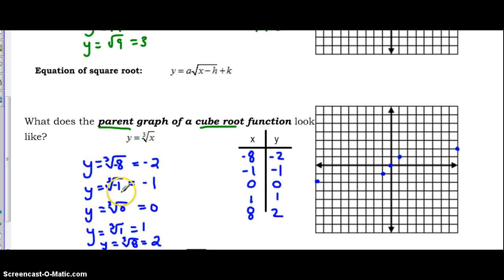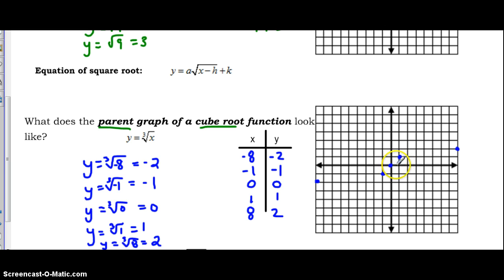Another perfect cube would be negative 1, and that would give negative 1, and then 0 as x would result in 0 for y, and then 1 for x would result in 1 for y, and then the cube root of 8 is 2. So here are my x's and y's, and then I just plotted them over here.